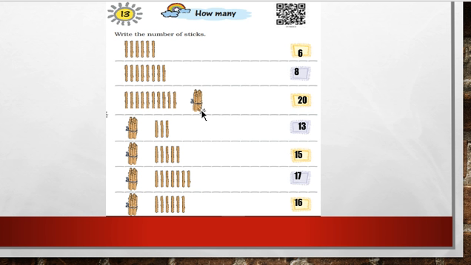So please explain one more time here: this bundle is 10 and these 10 loose sticks together form the 2 bundles, and we can draw two bundles here, then it will become 20. In this way 10 plus 3 is 13, 10 plus 5 is 15, 10 plus 7 is 17 and 10 plus 6 is 16. In this way the child will again revise the formation of ones and tens.